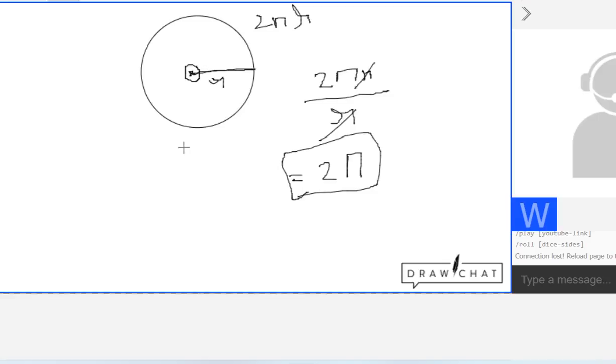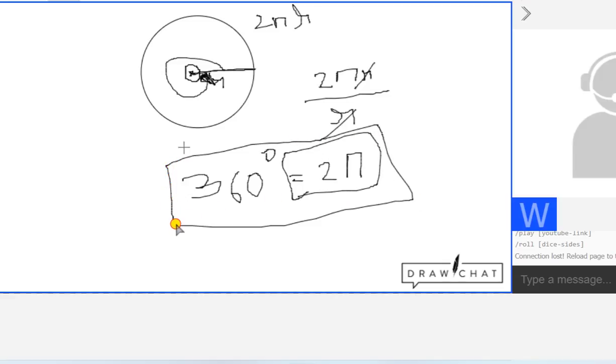The measure of the rotation is 2 pi. So this can also be written as 360 degrees, right? How? Because this is one complete rotation. So 360 degrees is 2 pi.